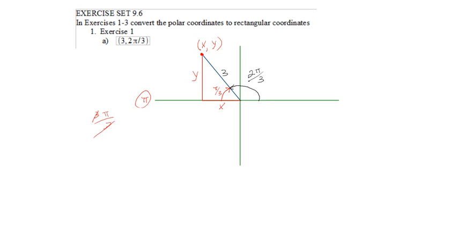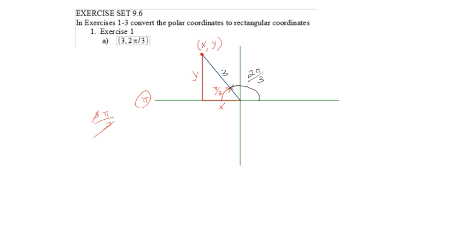Okay, so the goal is to get the rectangular coordinates, and we need x and y. How do we get x and y? Well, use your trigonometric functions. We use sine and cosine, of course, because we have an angle and we have a hypotenuse.